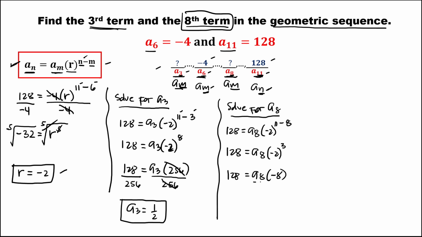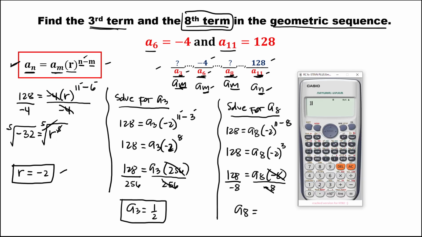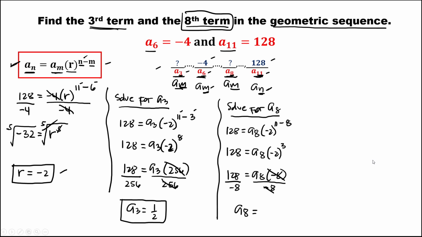Then to solve for a sub 8, divide both sides by negative 8. So the eighth term equals 128 divided by negative 8, which equals negative 16. So the eighth term is equal to negative 16.